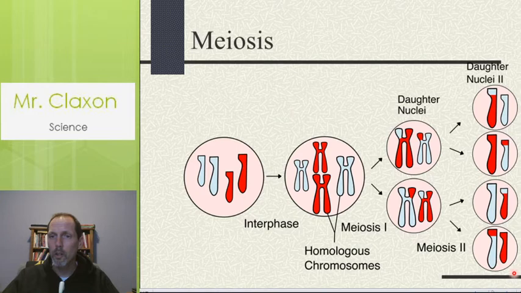You can see they're all unique in some way, and that's really the purpose of meiosis. And then one of these reproductive cells will combine with another reproductive cell, and you'll get a unique combination. The DNA is going to be different than both parents, and that's really the point of making this kind of division, is to make these reproductive cells.